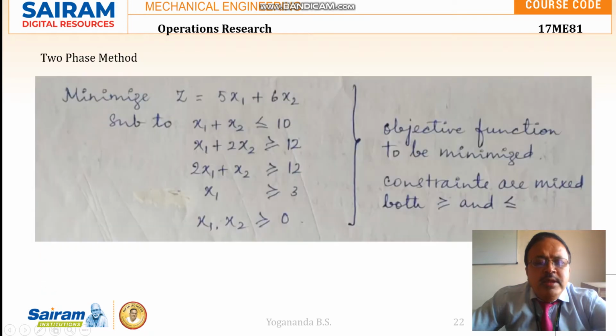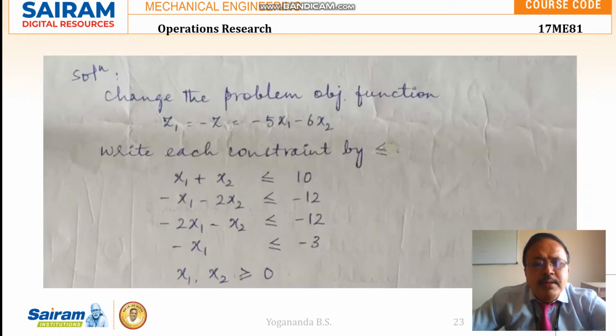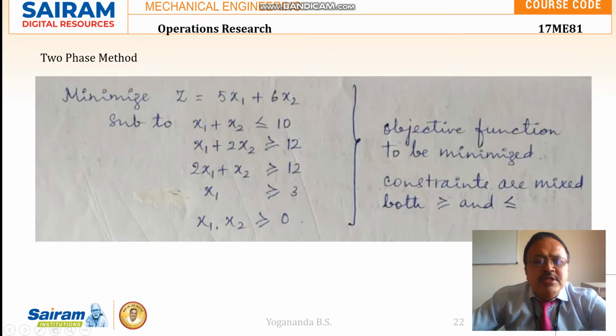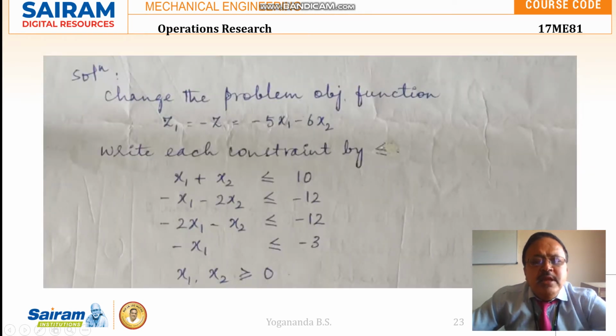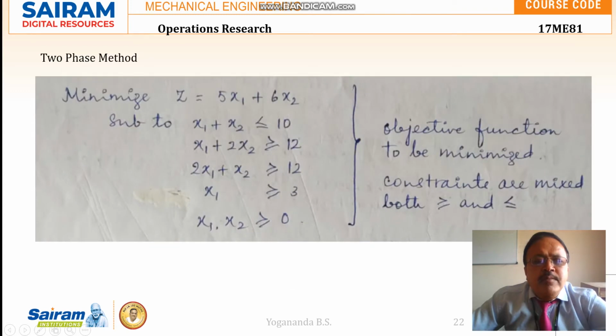So all three constraints, second, third and fourth, are multiplied by minus 1. x1, x2 greater than or equal to 0. So the given set of equations is rewritten like this. The objective function is also changed by multiplying by minus 1 on both sides.